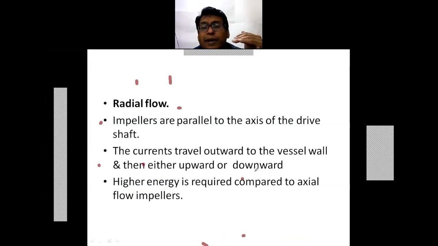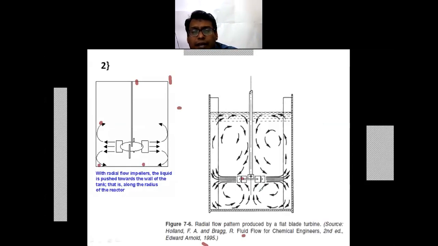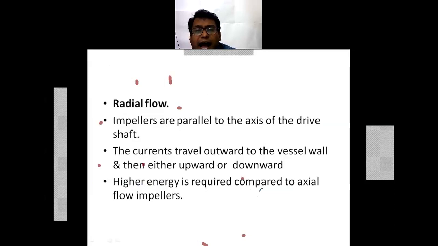Then the current travels outwards to the vessel wall and then either in an upward or downward direction, and higher energy is required compared to the axial flow impeller.